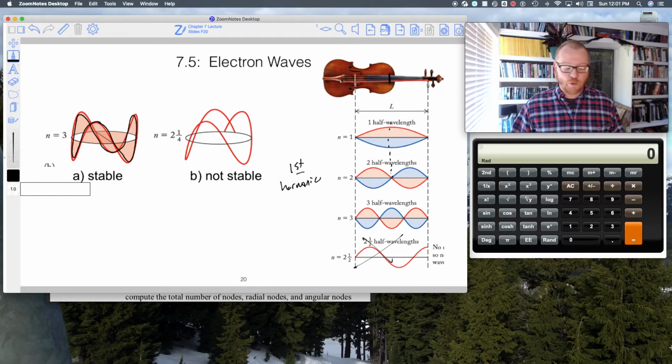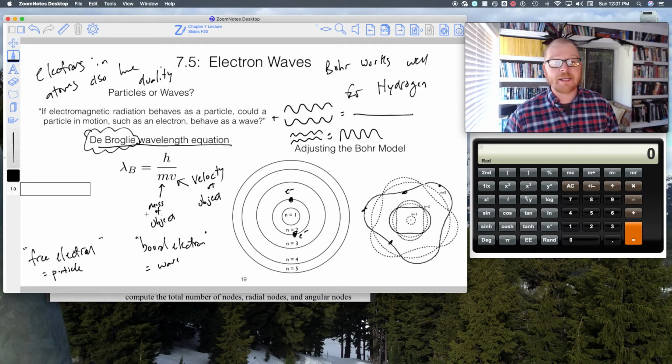It's very cool though. So I would encourage you to find some Nova, BBC, or Discovery Channel material on quantum mechanics, and particularly on de Broglie wavelength and wave-particle duality. There's some really wacky stuff that's physically correct, but it's just wacky. It's different and bizarre. It defies your everyday experiences.